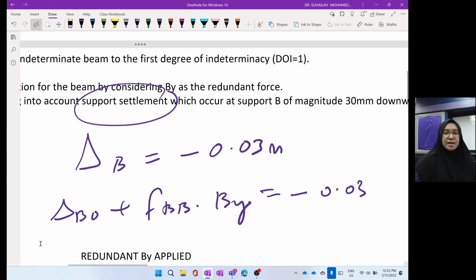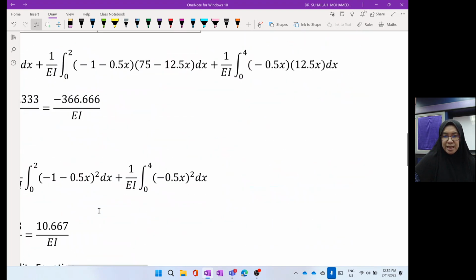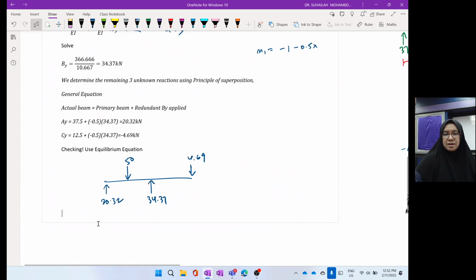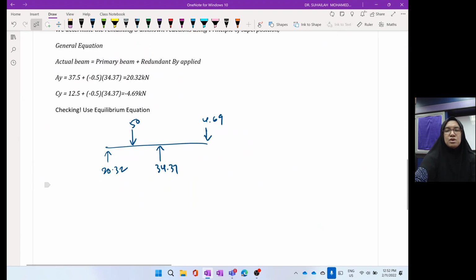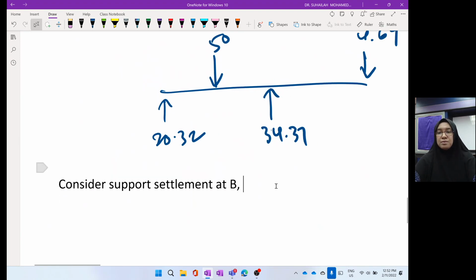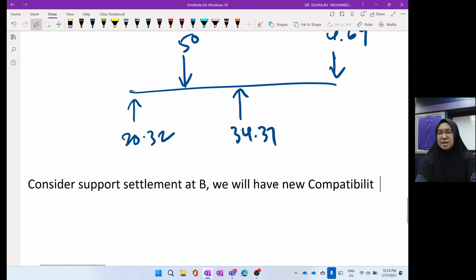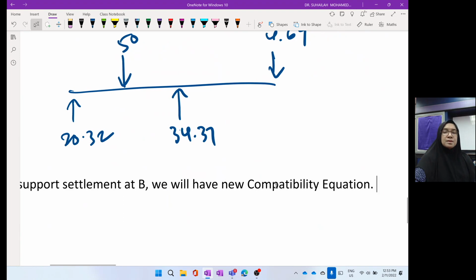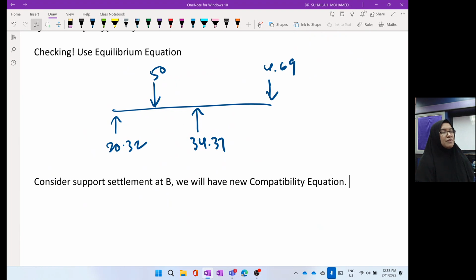So we take the compatibility equation again, considering support settlement at B. We will have new compatibility equation.